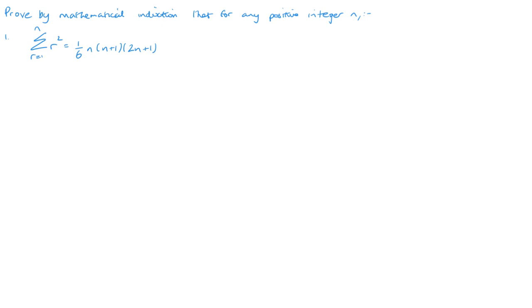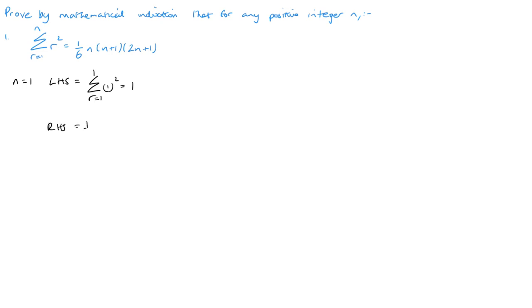Okay, so first step, n equals 1. So the left hand side is the sum from 1 to 1 of 1 squared, which is just 1.